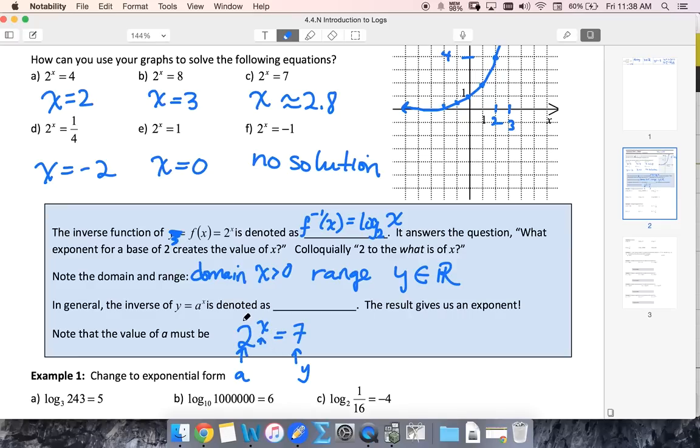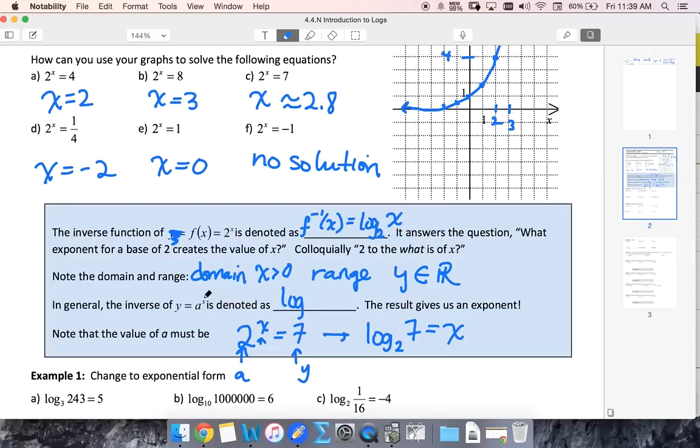If I use logs to rearrange this one, I would say log base 2 of 7 is x, because I'm asking 2 to what power is 7?